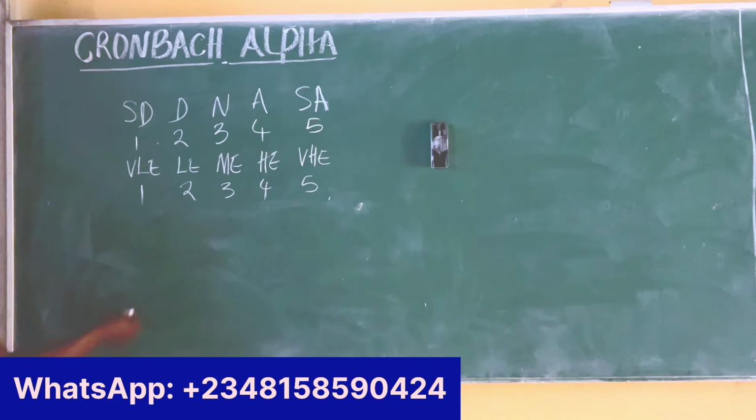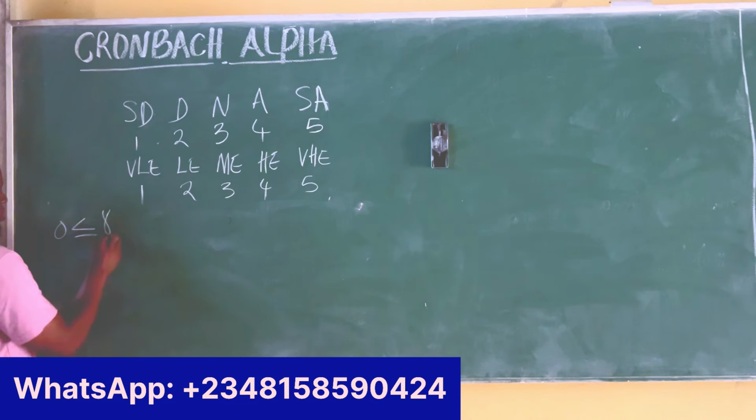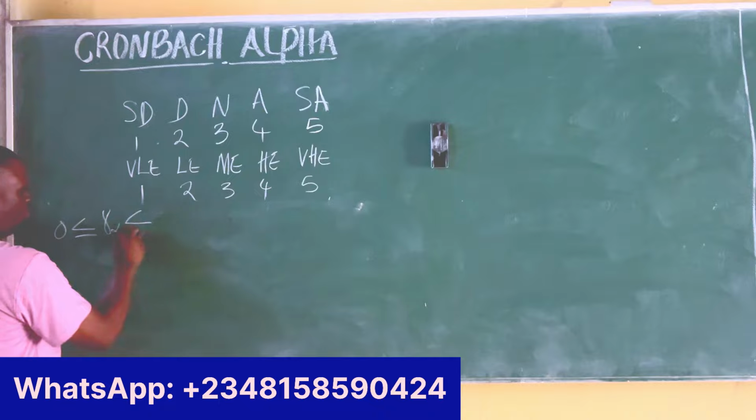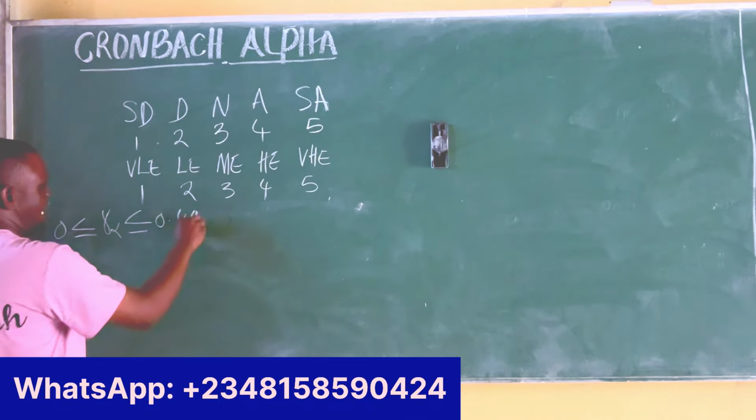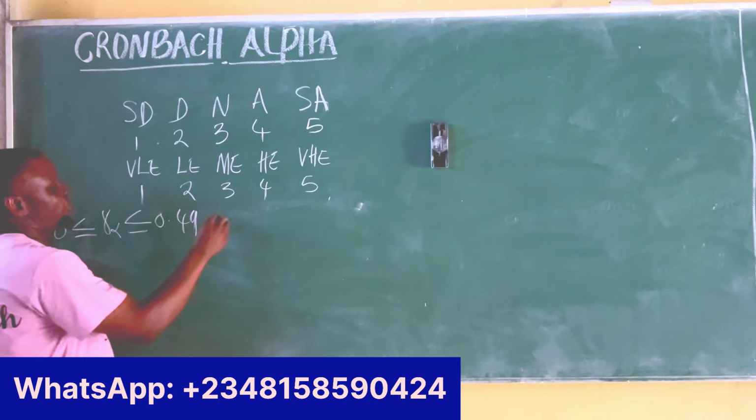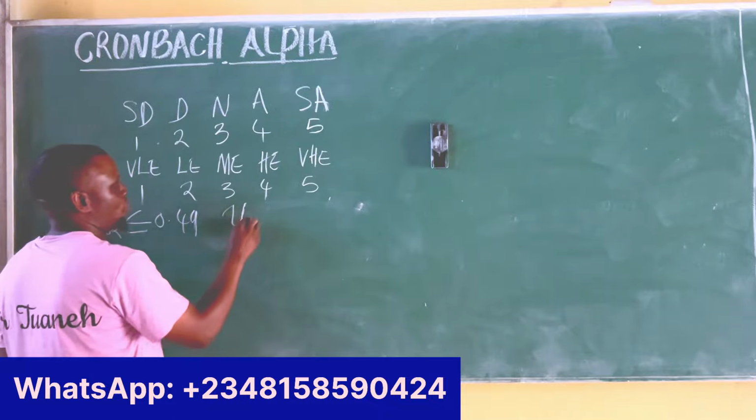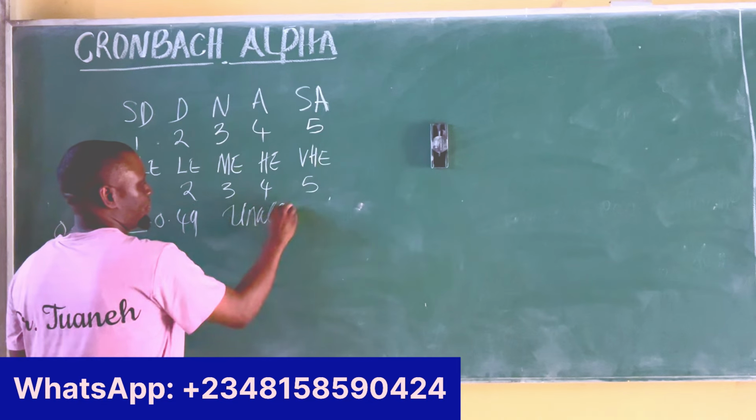If our Cronbach Alpha value computed falls within 0 to 0.49, then our conclusion is that the scale is what? Unacceptable.